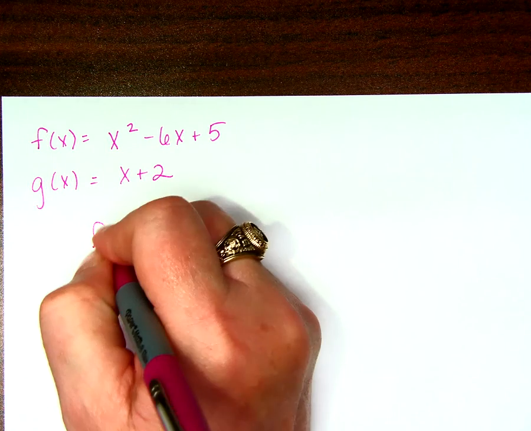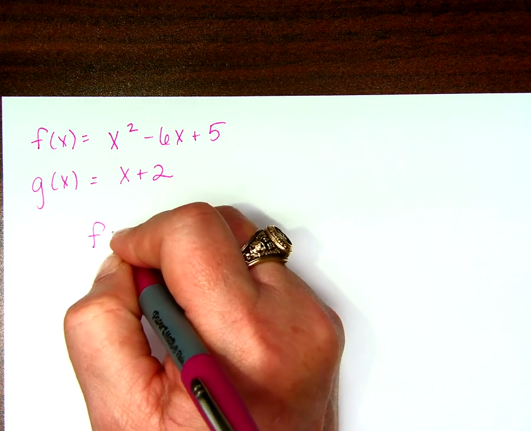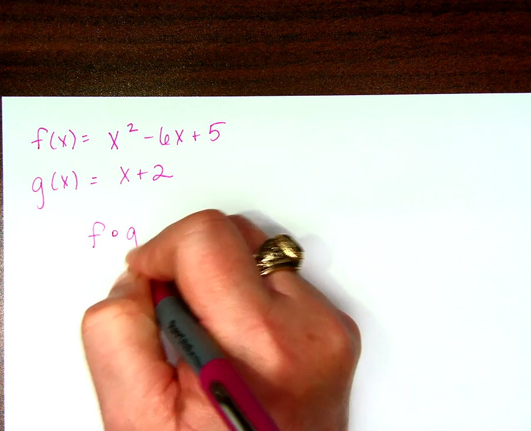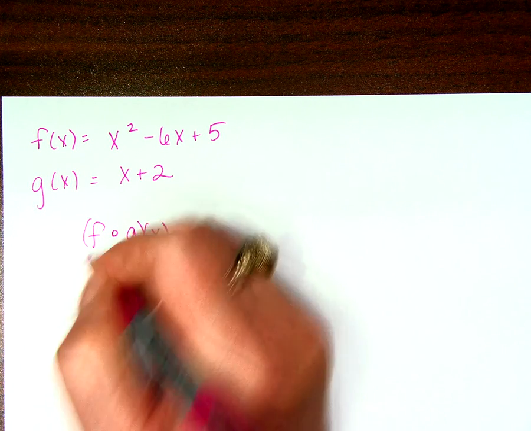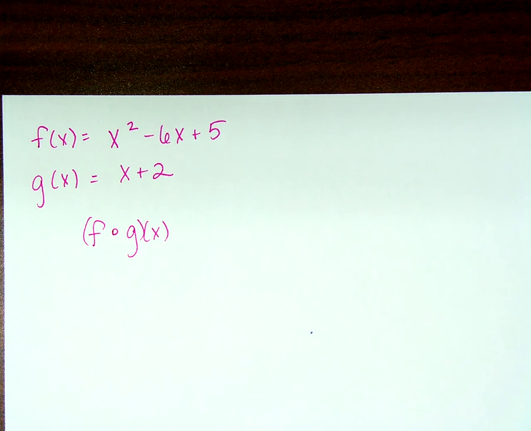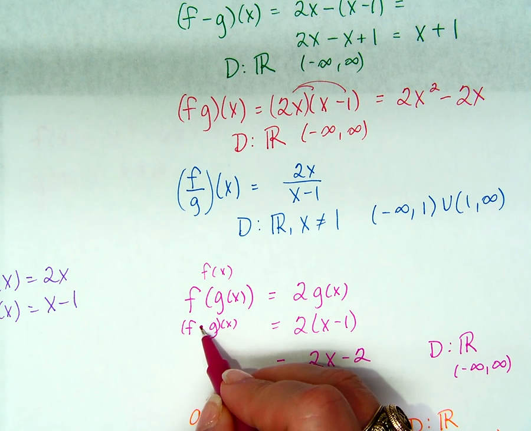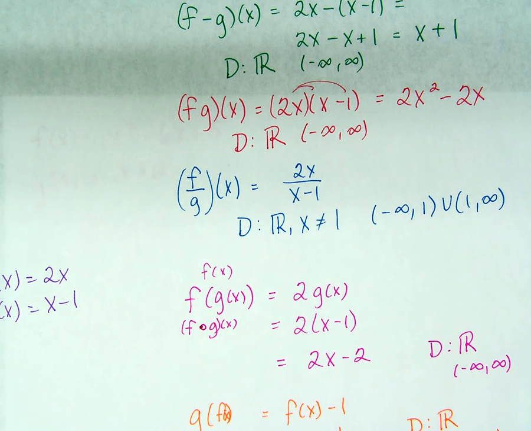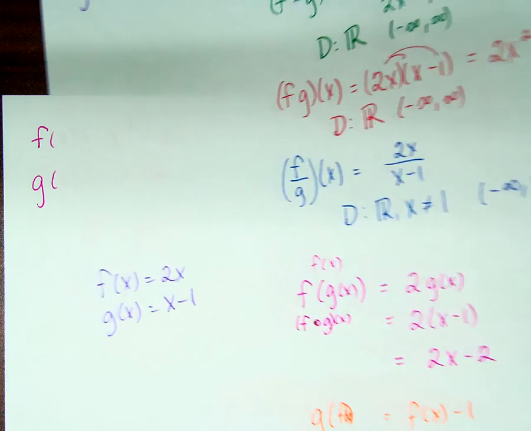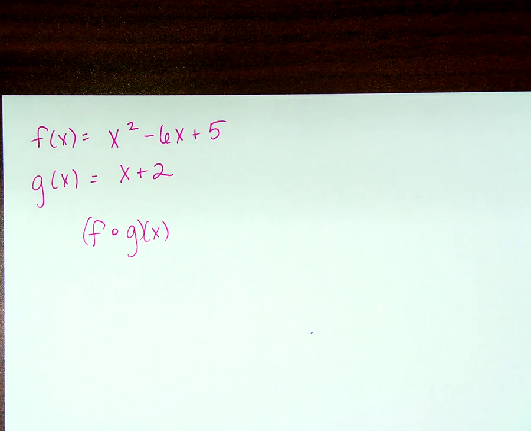So first let's do f of g, f of g of x, like that. Can I fix something real quick? On the notes a minute ago, I accidentally colored in this circle that should not be colored in. It should look more like this. Please forgive me.